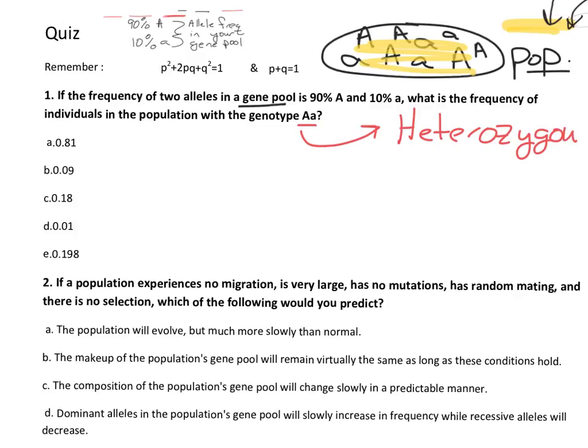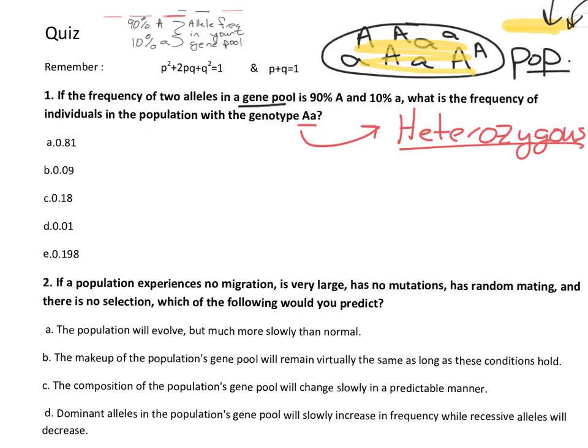So our zygotes here are hetero. They're different, right? So how are we going to figure that out? Somebody walk me through this. What do I do? First step.